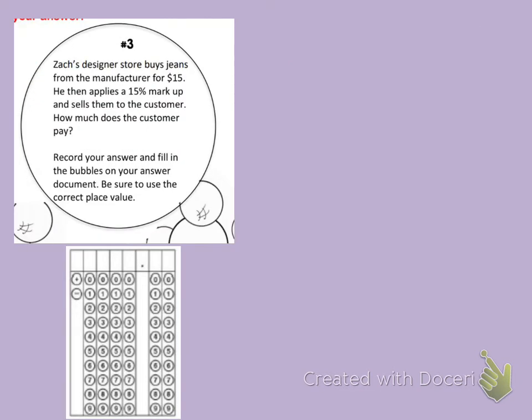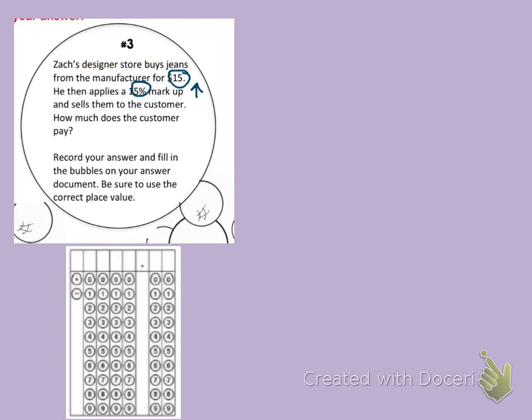Number 3, Zach's designer store buys jeans from the manufacturer for $15. Okay, he then applies a 15% markup and sells them to the customer. How much does the customer pay? So we have a 15% markup here.